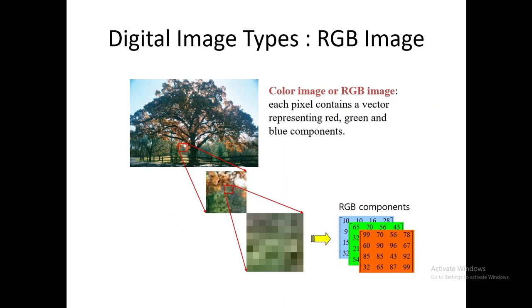Another type of image is the RGB image or color image. In this type of image, each pixel contains a vector representing red, green and blue. We can see here each pixel has a three-dimensional vector, a 3D vector, and it's the same as a grayscale image.